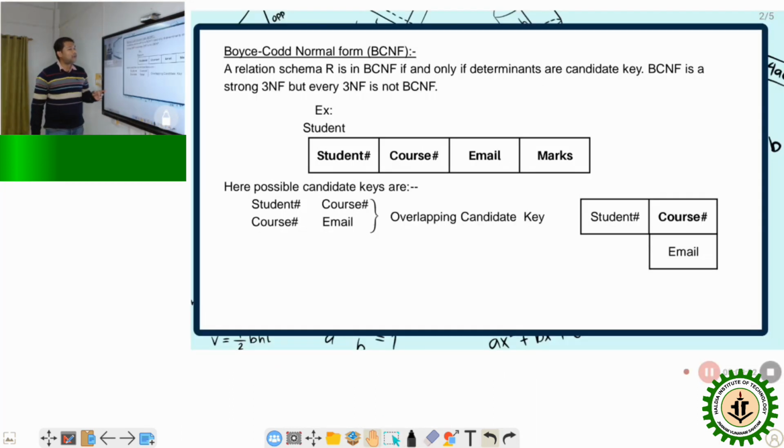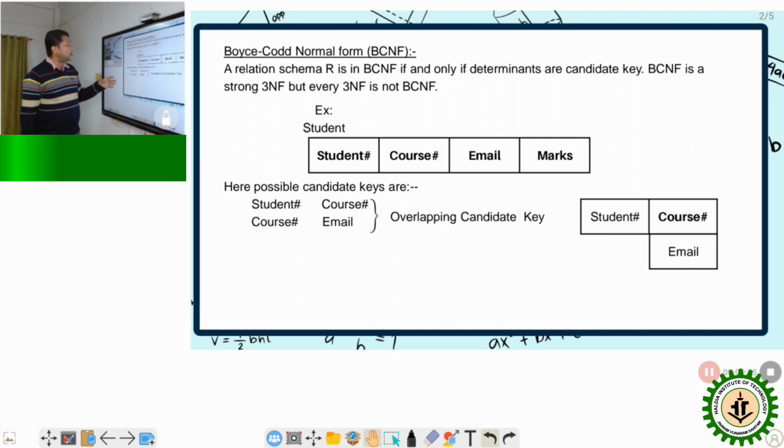Now another important normalization form is BCNF, which stands for Boyce-Codd normal form. A relational schema R is said to be in BCNF if all the determinants are candidate keys. A table that is in BCNF must be in 3NF, but a table that is in 3NF may not be in BCNF.